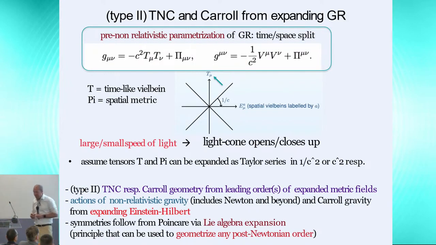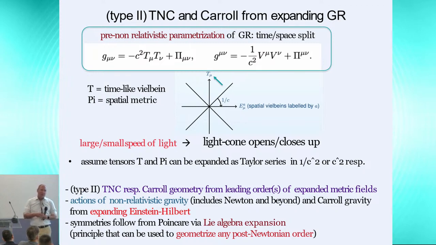Again, in view of the time, let me just say that I showed you an intrinsic definition of Newton-Cartan and Carroll geometry, but you can also get it from a large speed or small speed of light expansion of GR, and that has been done very carefully in the last years. It's actually a very nice way to get the corresponding dynamical actions on these novel geometries. Because you might wonder, what's the analog of the Einstein-Hilbert action?